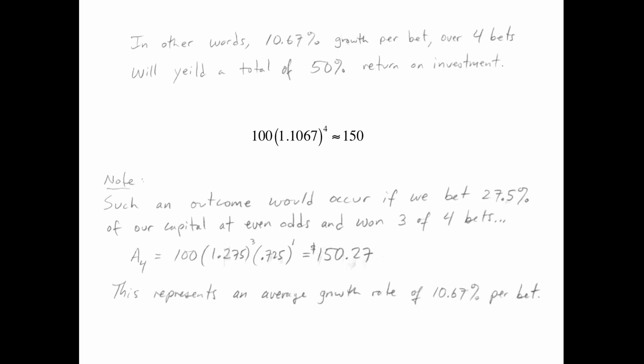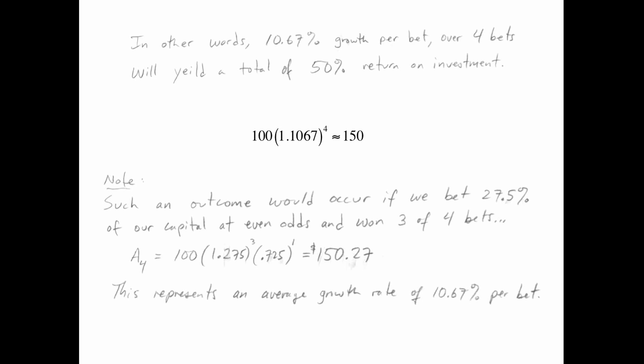Right? So suppose you were given an event that had even odds, and for some reason, crazy reason, funny story how I came up with that 27.5, but that comes from the Kelly formula. So let's say you were betting 27.5% of your capital at even odds, and you won 3 and you lost 1 time.